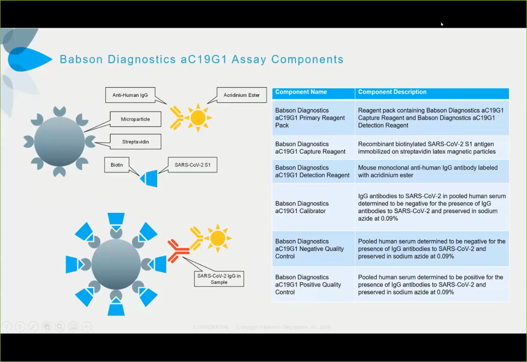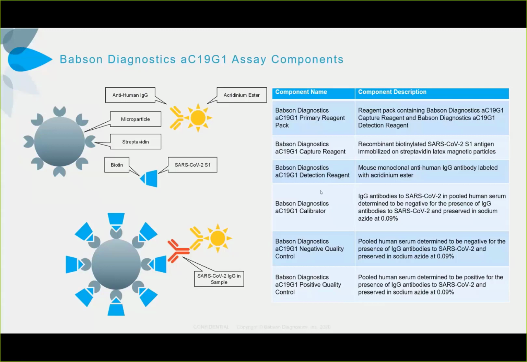in the sample. Just a quick rundown of some of the other components. This comes out of our EUA SOP that the FDA has approved as of June 23rd. We have the primary reagent pack, which contains the capture reagent and detection reagent. So these are pre-mixed reagents. They just load on the instrument, and the instrument mixes, and very little manipulation by laboratory technicians.